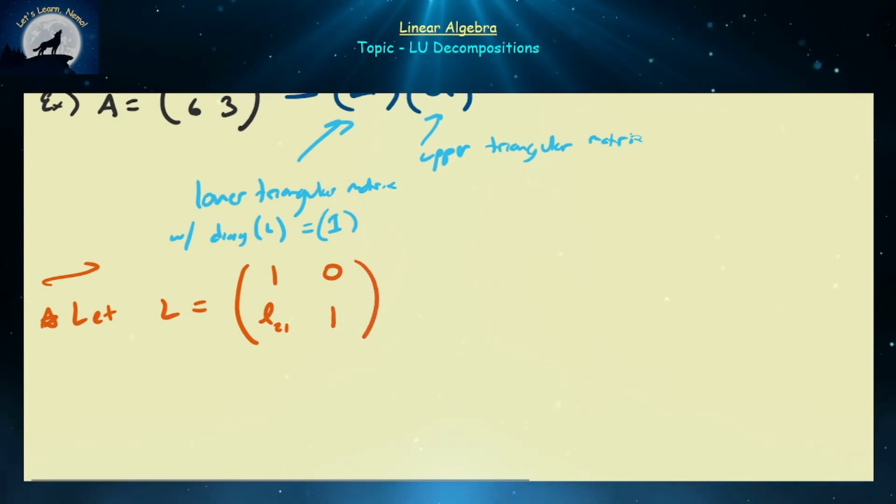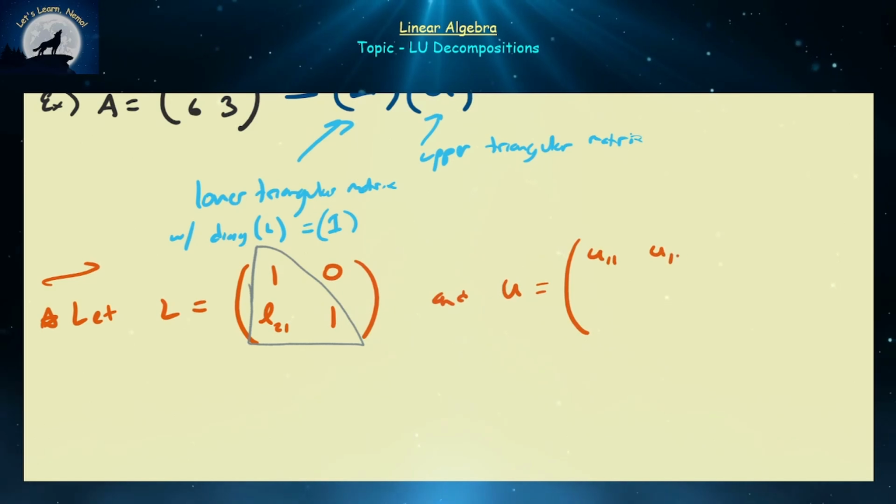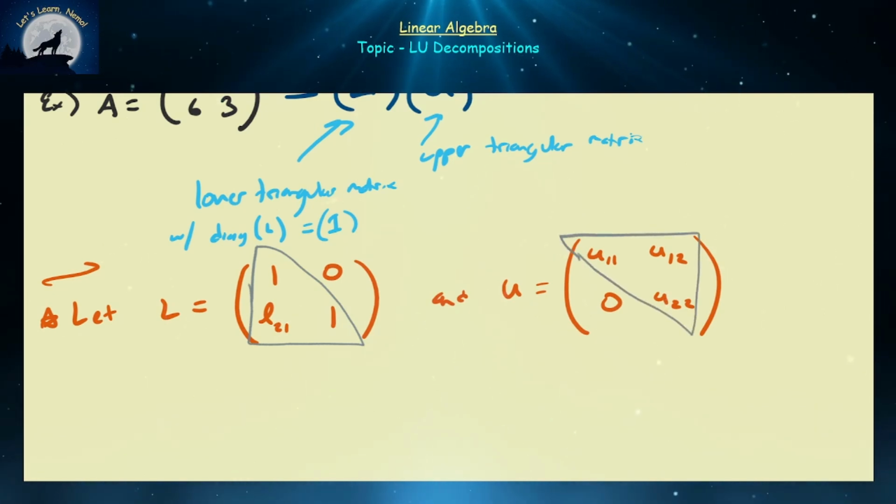There we have our 1s on the diagonal, and this is clearly a lower triangular matrix. We're also going to let U be an upper triangular matrix, U1,1, U1,2, 0, and U2,2. So this is going to be our upper triangular matrix.